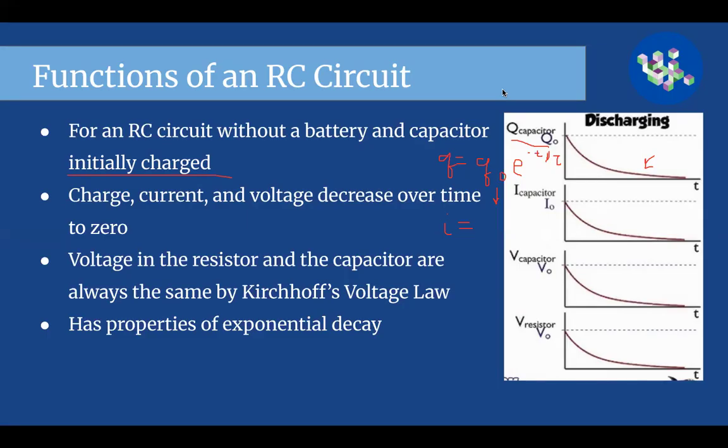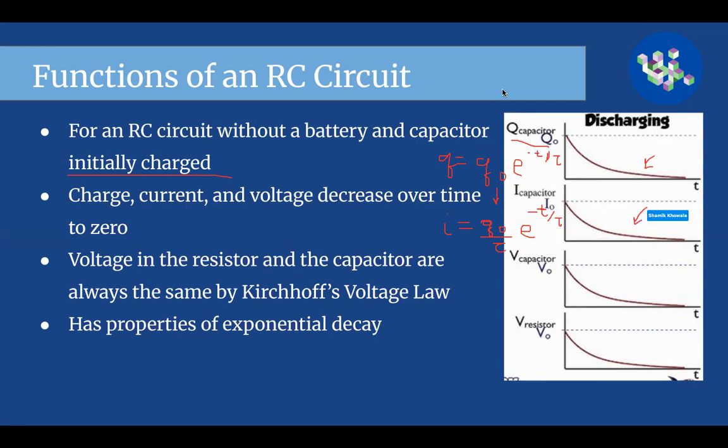You'll get Q naught over tau times e to the negative t over tau. I'm dropping the minus sign because that doesn't matter for our purposes. It just depends on the direction in your notation. But you also get this decay function.